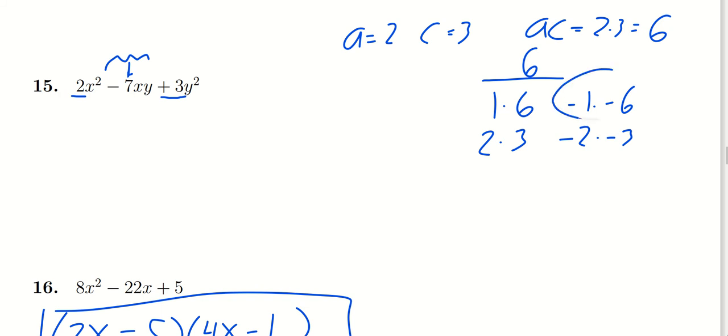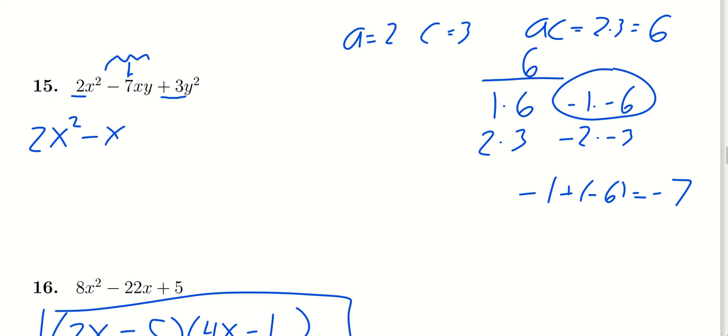And to get a negative 7, we would have to do a negative 1 plus negative 6. So we're going to use these two numbers to split apart this term here. So instead of writing it as a negative 7xy term, we can write it as a negative 1xy term and a negative 6xy term, like this.